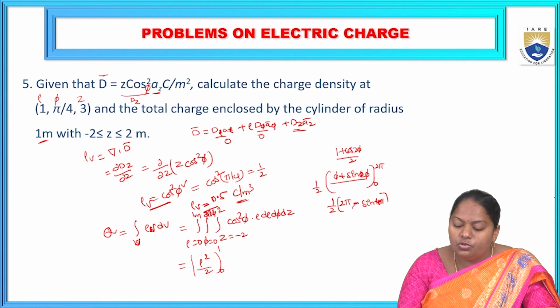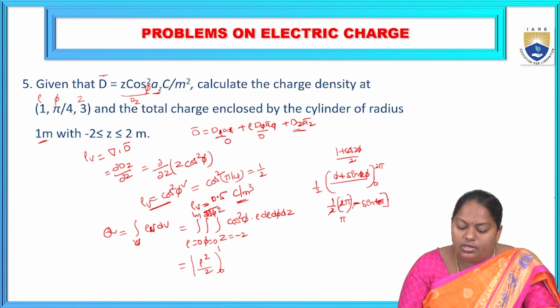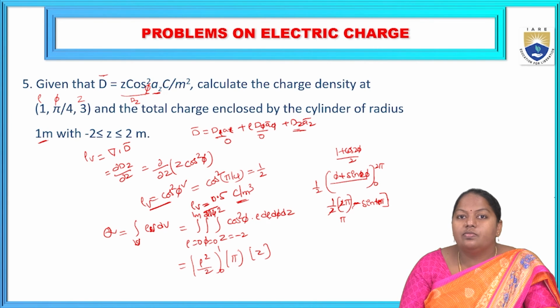Sine n pi values are zeros, hence the 2 gets cancelled. Then after the integration, pi is obtained for the phi component. And for dz, z is to be written, because there is no z component, so the integration of a constant gives that respective variable.